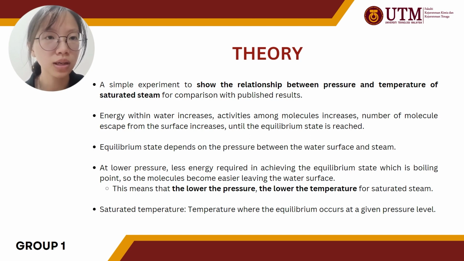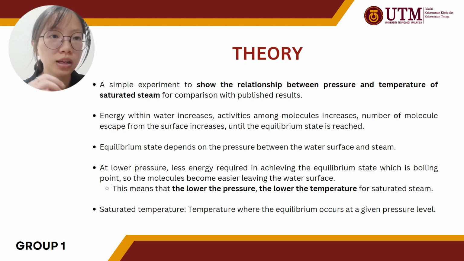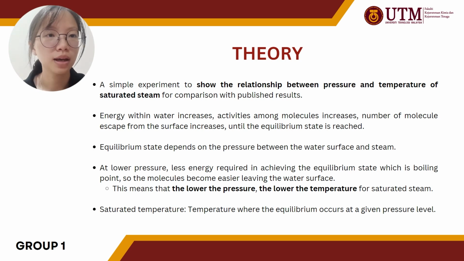This equilibrium state depends on the pressure between the water surface and steam. At lower pressure, less energy is required to achieve the equilibrium state, which is the boiling point, so the molecules find it easier to leave the water surface, which means that the lower the pressure, the lower the temperature for saturated steam.